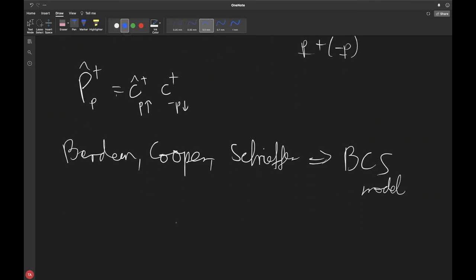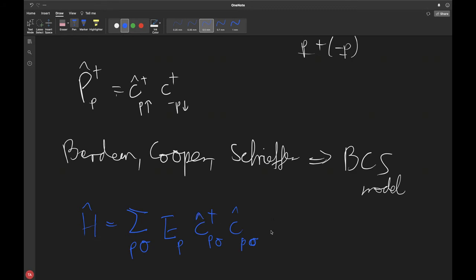The Hamiltonian for this BCS model is just coming from what we just discussed. The Hamiltonian operator is the sum over the momentum p and the spin sigma of the energy corresponding to the momentum p, and now we have the c_{p sigma} dagger and the c_{p sigma} operators.